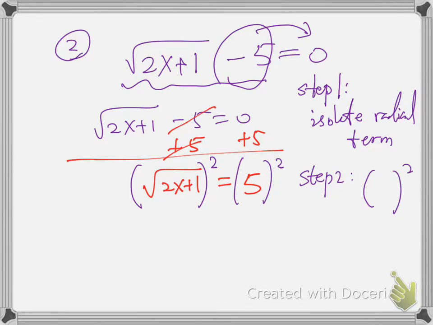Now on the left, the square root sign and second power cancel, so we got 2x plus 1. On the right, 5 squared, we got 25. So we got a new linear equation.